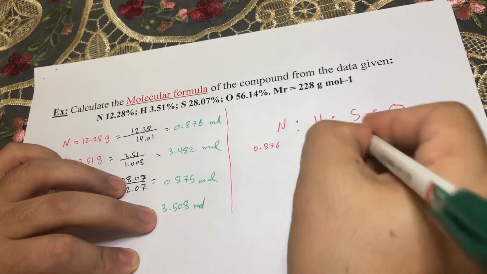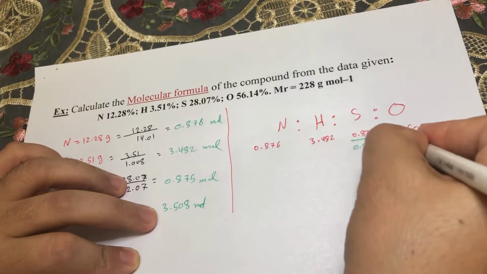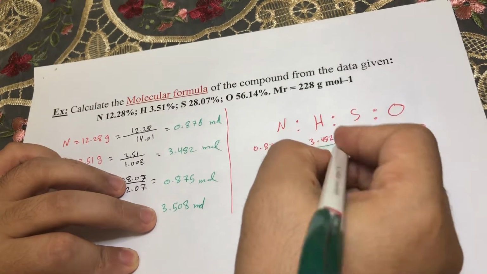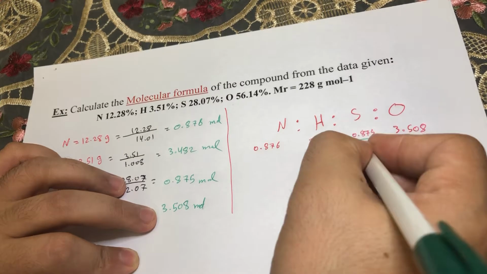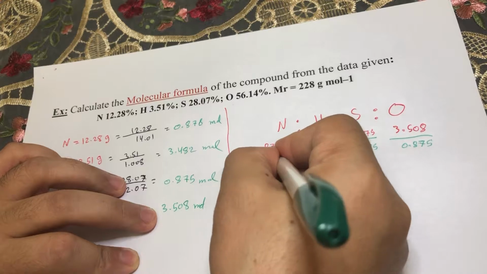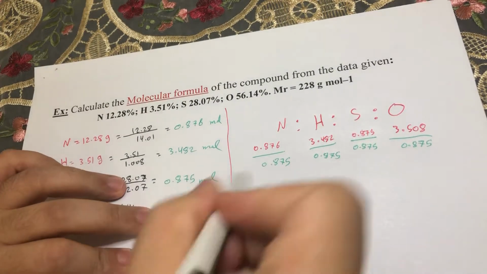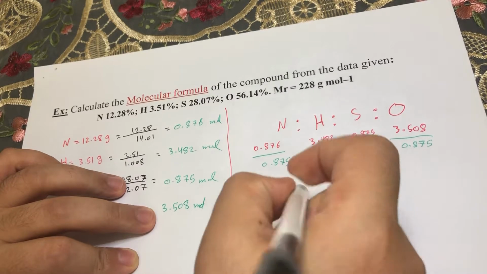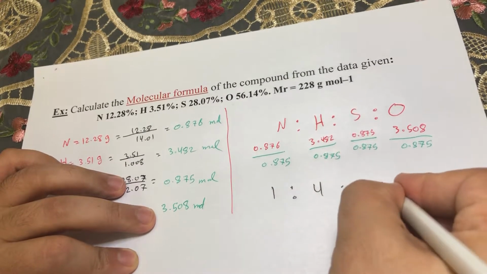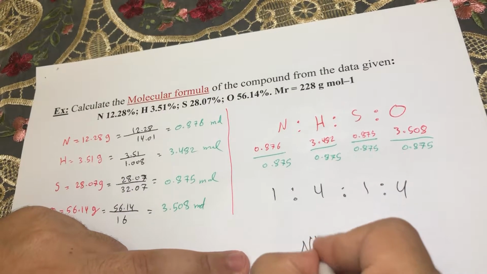We see the sulfur is the smallest one, and we will divide each by the number of sulfur moles. Here approximately it's 1, and here it's 4, 1, 4.